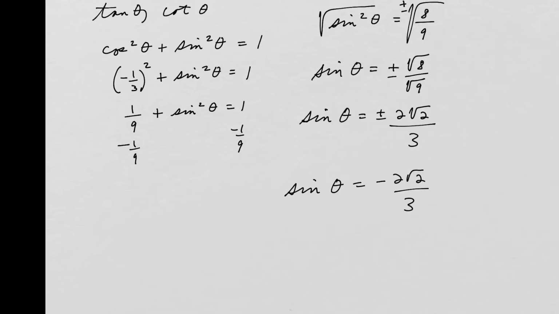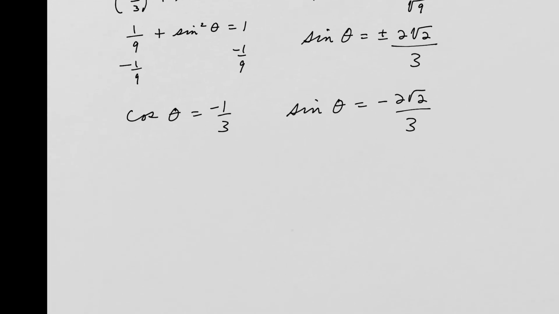I was given cosine. Let me just write it down here. So remember, cosine of theta was negative 1/3. And I just figured out that sine is negative 2 radical 2 over 3. But now that I have those two, I can figure out all the other ones. So let's do tangent. Tan of theta must be sine of theta divided by cosine of theta, by definition.